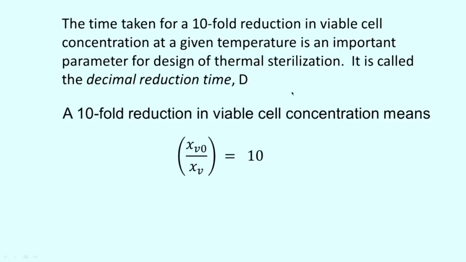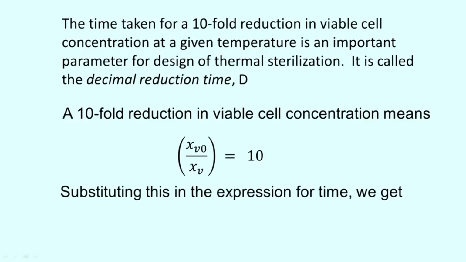In terms of whatever we have derived, a 10-fold reduction in viable cell concentration essentially means that the initial viable cell concentration x v naught divided by the viable cell concentration at that time t, x v, must be 10, straightforward.